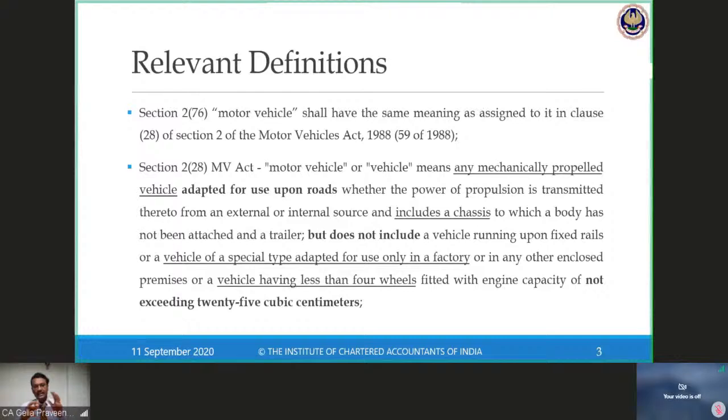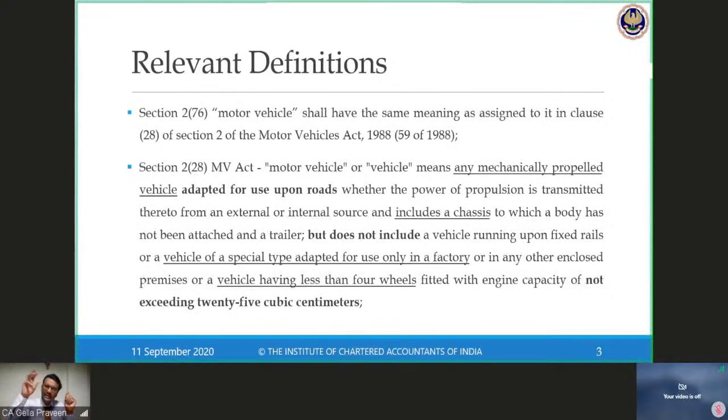Further, this is a motor vehicle designed for what purpose? For the purpose of carrying, designed to run on a road. If you read the language I have bolded, adapted for use upon roads. I have designed this motor vehicle for what? To run on a road. A vehicle which does not run on a road, can you call that a motor vehicle?